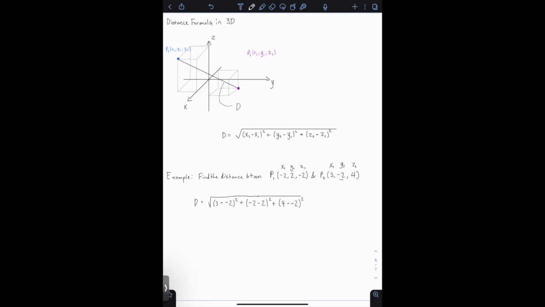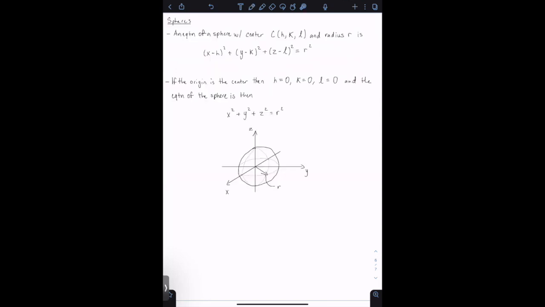And if we do this algebra, we get the square root of 5 squared, which is 25, plus -4 squared, which is 16, plus 6 squared, which is 36. If you add all of this together, you get the square root of 77. So the square root of 77 is the distance.